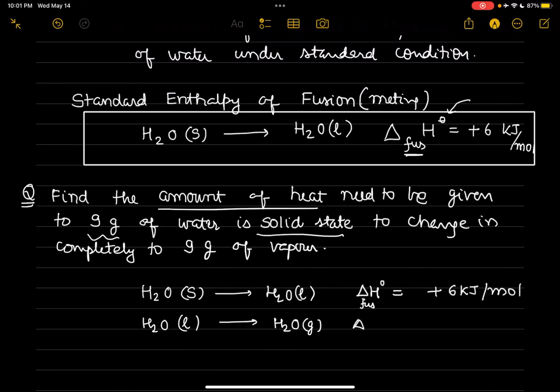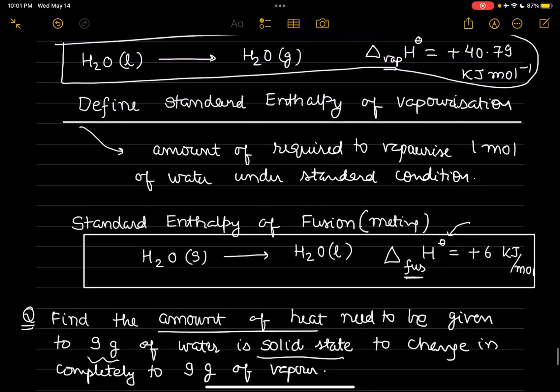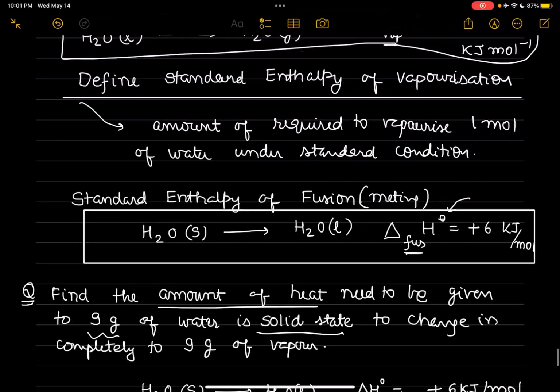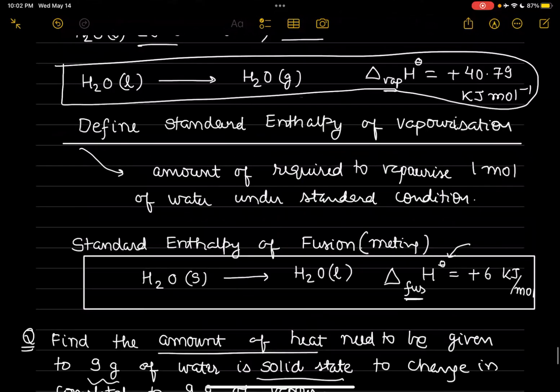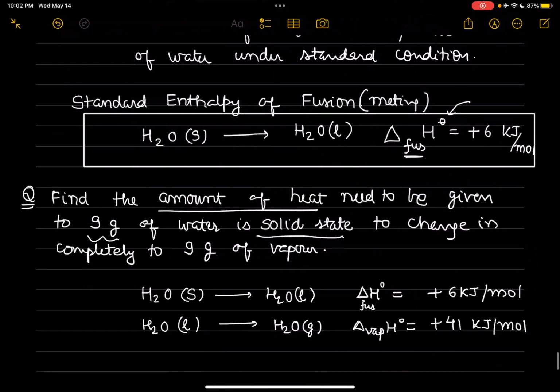This is delta vaporization under standard condition. Let's say, let's round it off to 41. Is it clear or not? These data will be given.